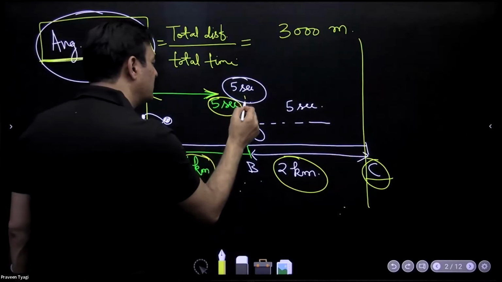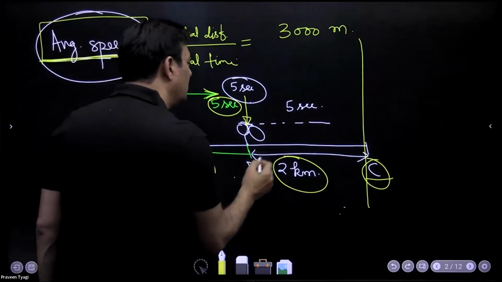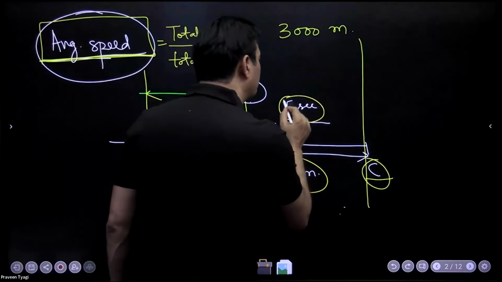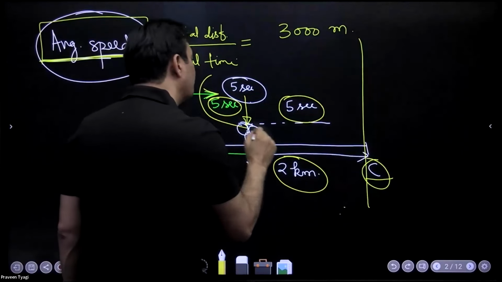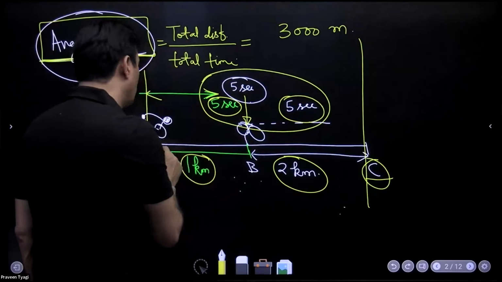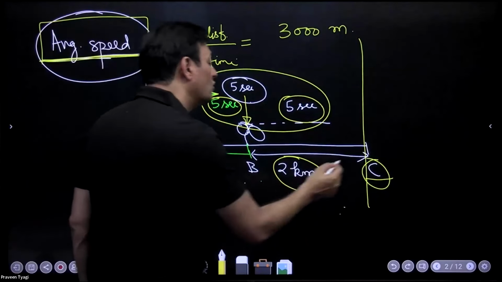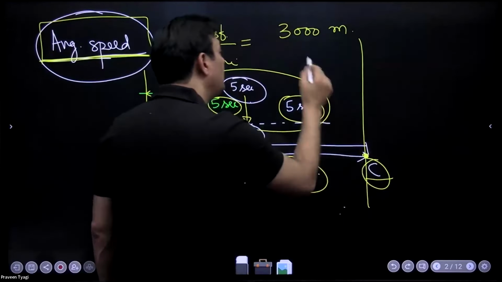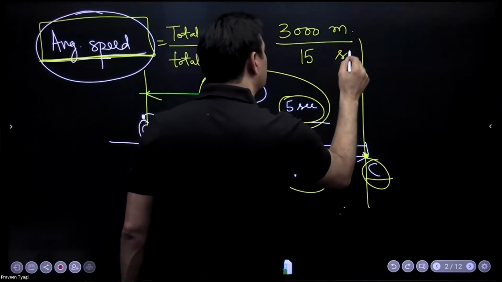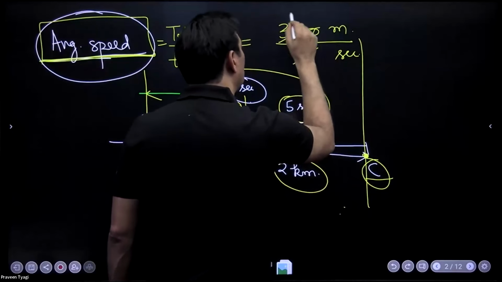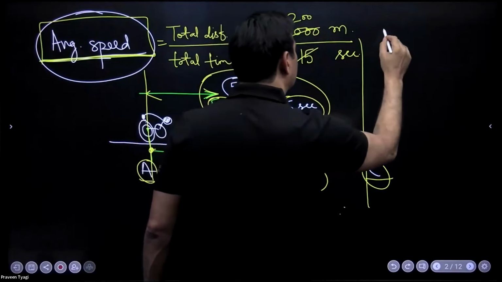I spent 5 seconds here when I was talking to my friend. I spent 5 seconds in the further journey. So total time that I took is 15 seconds to reach from A to C. So time taken is 15 seconds, and hence the answer is 200 meter per second.